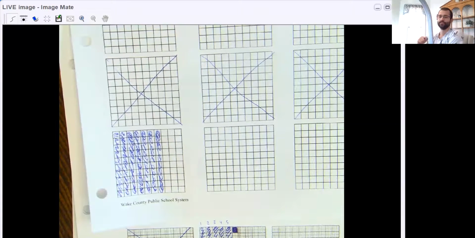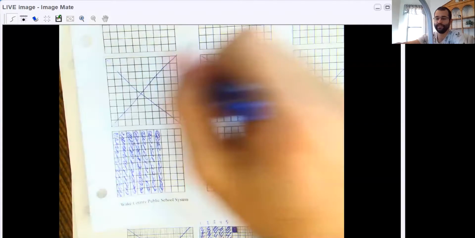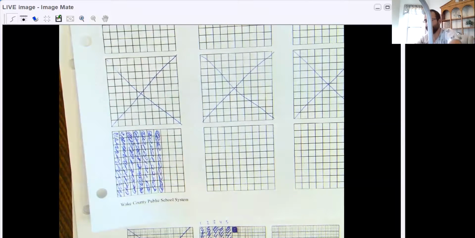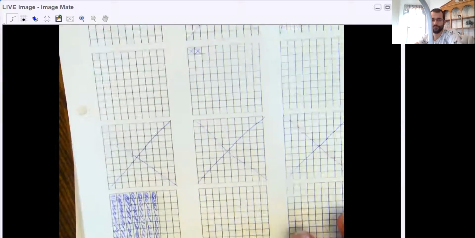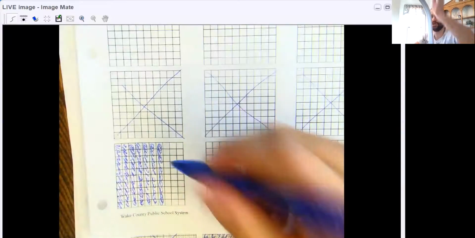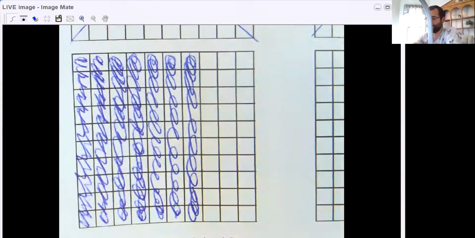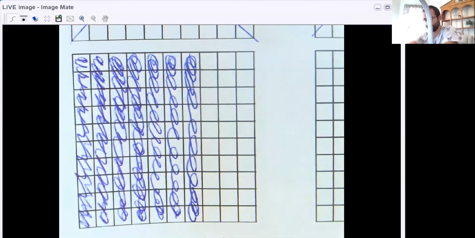All right, so checked off so far. If you need to pause the video, you can. I've got my 3 flats that are done. I've got my 7 rods that are done. And now I need 9 units. So now I'm going to go here. Remember my units. Let me zoom in. My units are my small boxes here, or my cents, my pennies.